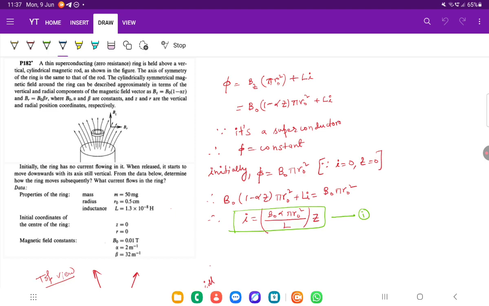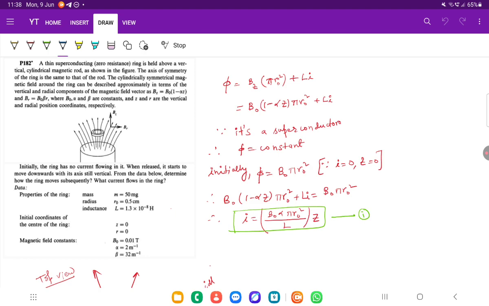The cylindrically symmetrical magnetic field around the ring can be described approximately in terms of the vertical and radial components of the magnetic field vector as Bz equals B naught into 1 minus alpha Z, and Br, the radial component, equals B naught beta R, where B naught, alpha, beta are all constants and Z and R are the vertical and radial position coordinates respectively.